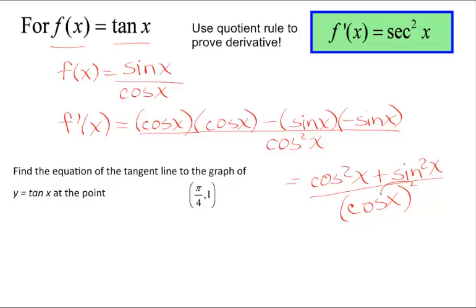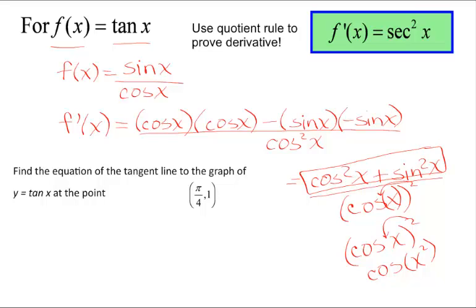In trig, we write the exponential value in front of the angle measure so that there's no confusion, because the cosine of x quantity squared is different than the cosine of x squared. And so to avoid this confusion, we write the squared term in front of the angle measure. So, do you recognize that as the Pythagorean theorem?